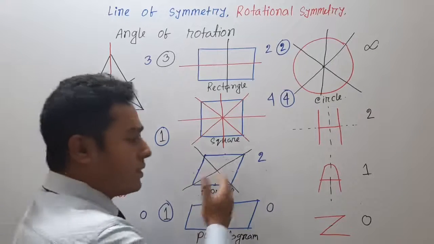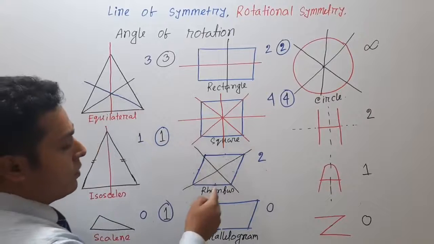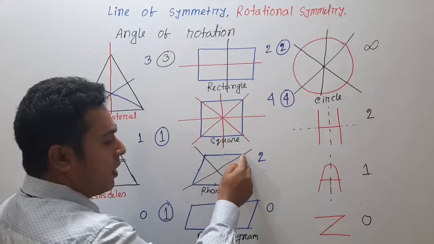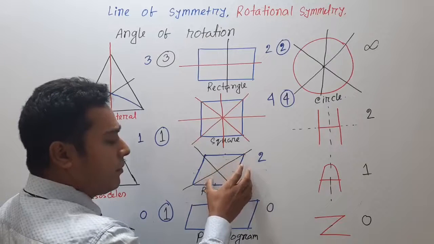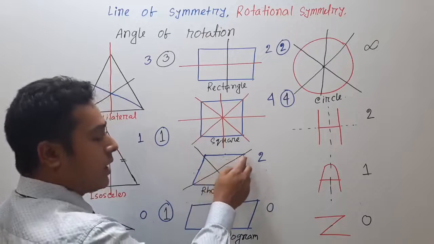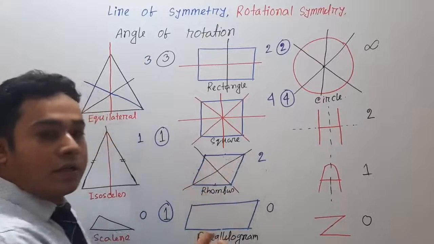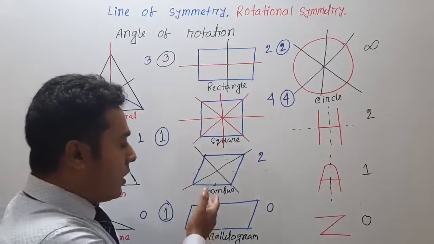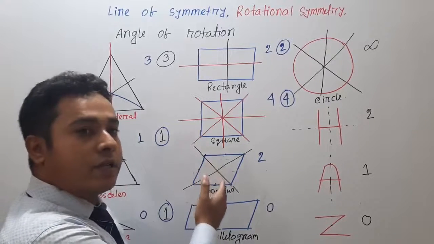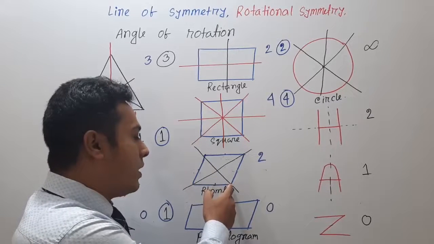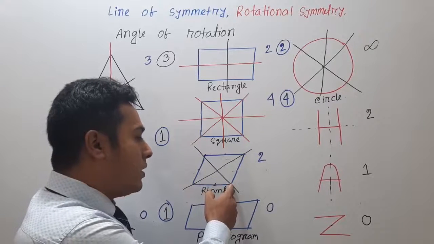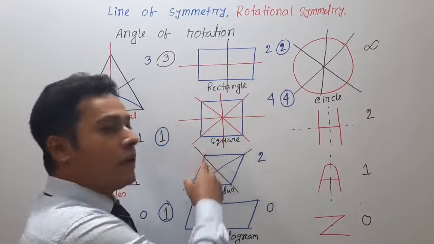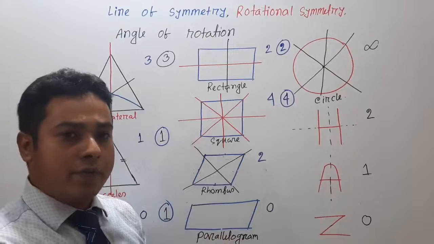Now for the rhombus. Okay, if you rotate about this point to this point, the original shape will change, but after another rotation, it will not be changed. After 2 rotations, this point goes to this point, and again this point goes to this point, then the original shape will be repeated.